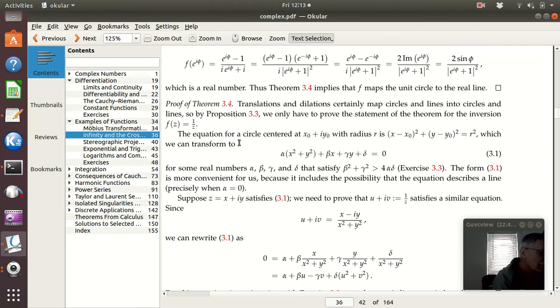Okay, so if we look at this function 1 over z, and then we take a circle in a particular format. Now, this is kind of the key here.